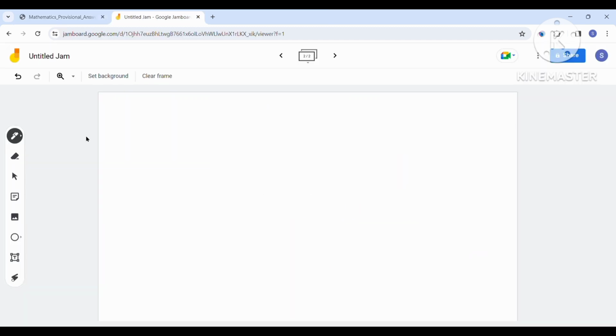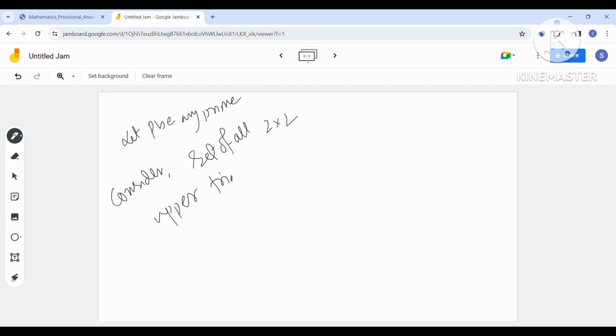Okay, so I'm going to construct a general setup. Let p be any prime. Consider the set of all 2 by 2 upper triangular matrices over Zp.